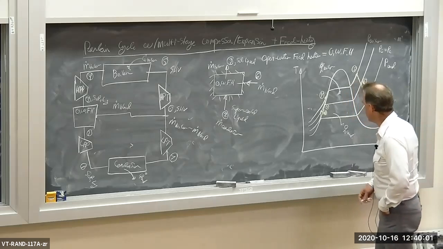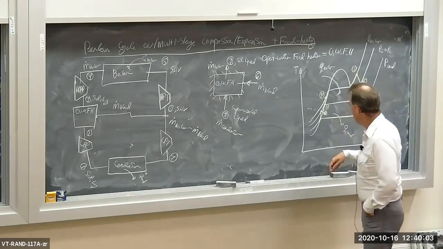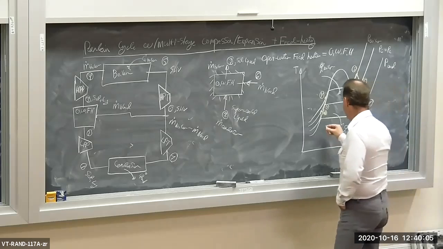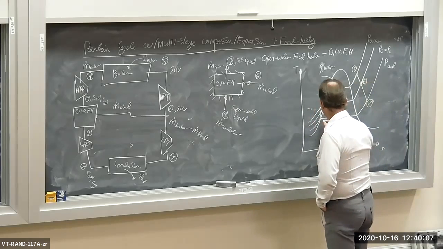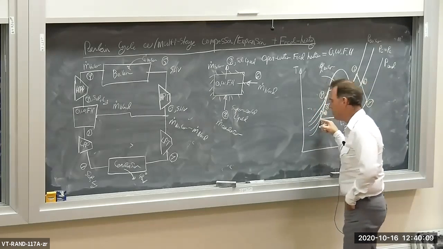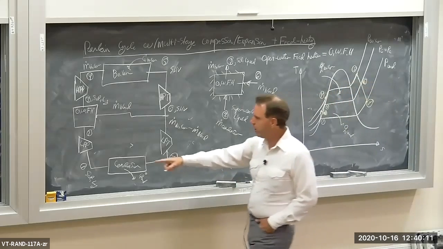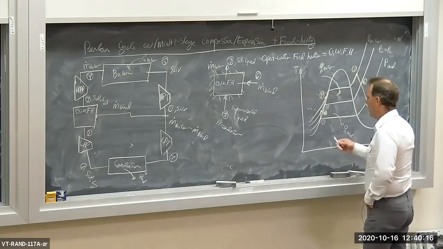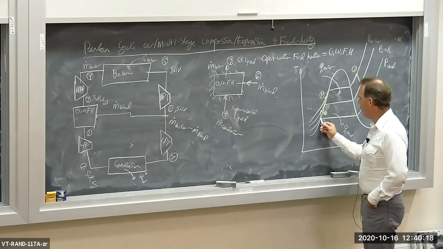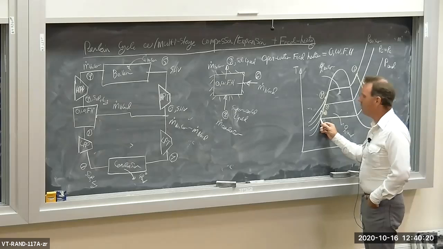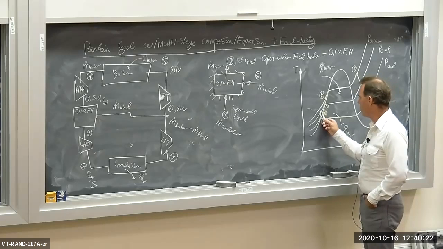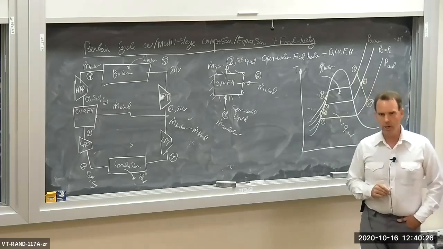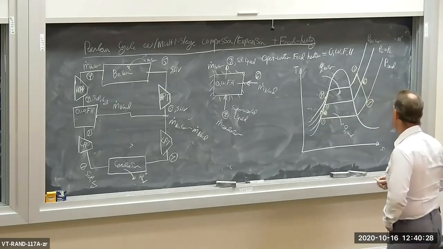Let's go to the TS diagram. So we have state one here, which as usual is a saturated liquid into the low pressure pump. Now we pump up the flow that goes through the low pressure pump up to state two, and state two is some intermediate pressure.